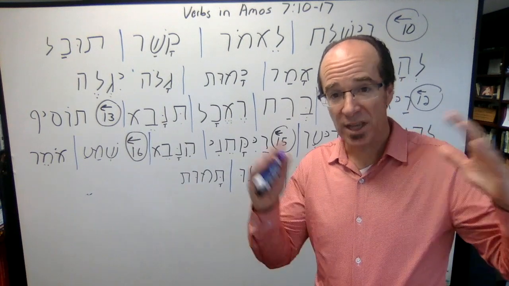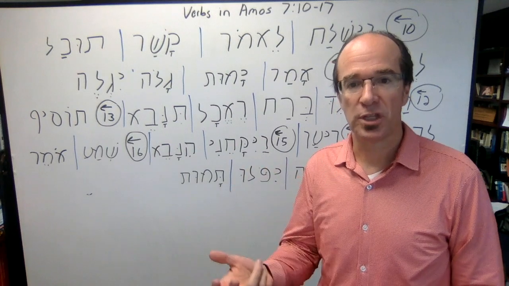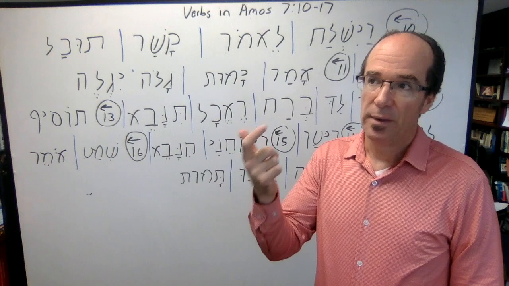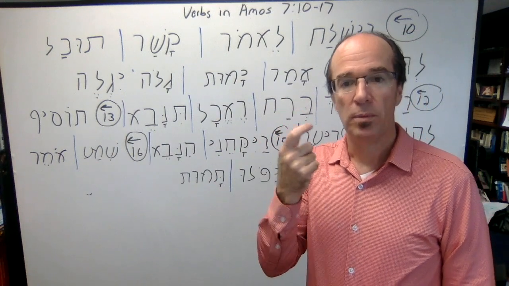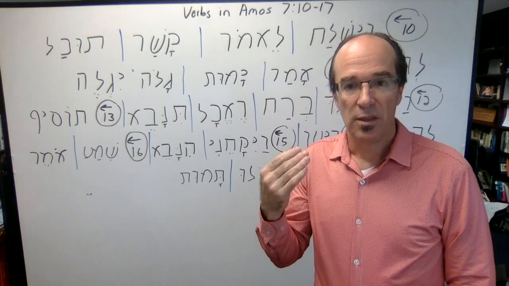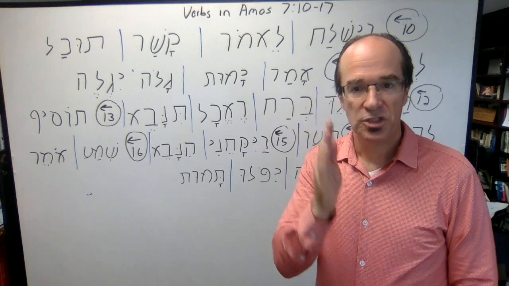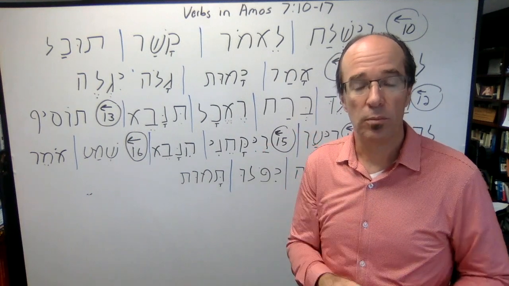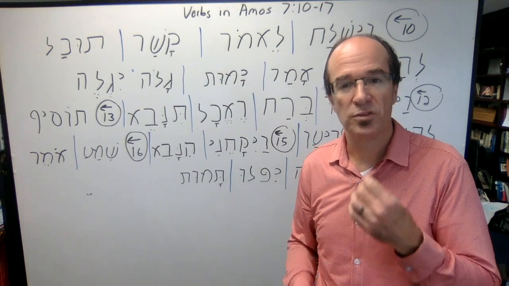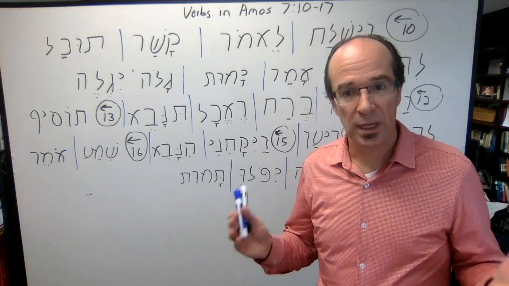I don't mean know massive paradigms for each one of those, but just know the basics, like know the third masculine singular perfect, the third masculine singular imperfect, the participle form, the infinitive absolute, the infinitive construct, the imperative. Know those forms for each stem for the strong form. Of course, you need to know your imperfect preformatives and sufformatives and your perfect sufformatives. And then essentially you're ready to begin parsing.